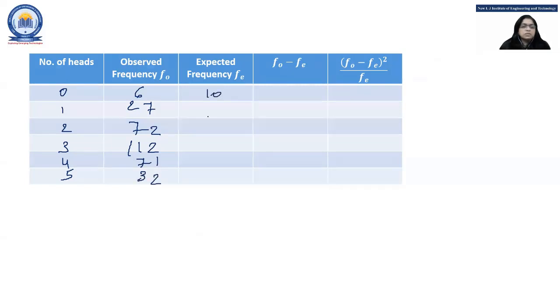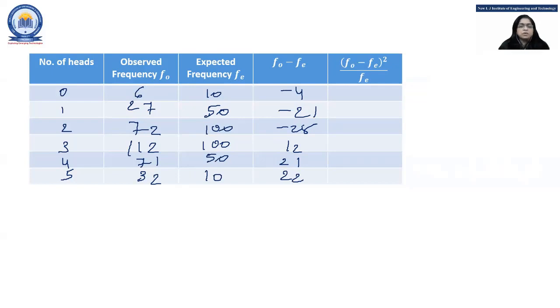Expected frequency is 10, 50, 100, 100, 50 and 10. Here FO minus FE is -4, -23, -28, 12, then 21 and the last one is 22.